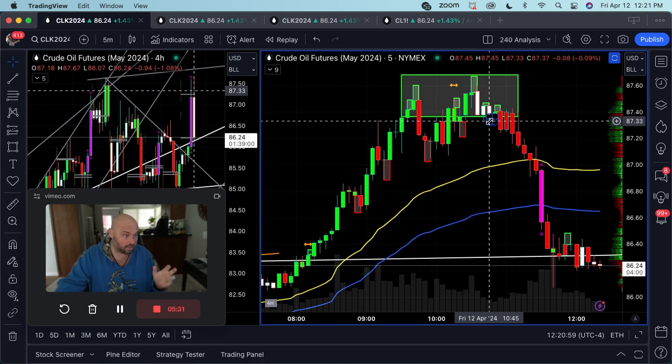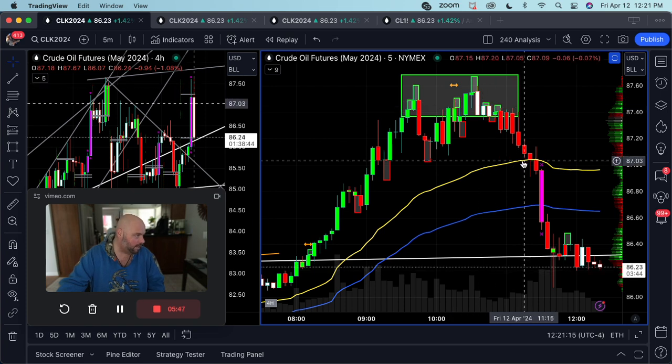It may not hold all session, it may not hold forever, but it's going to hold in the near term, okay? We are focused on near-term, low-risk, high-probability trades. That is day trading, okay?